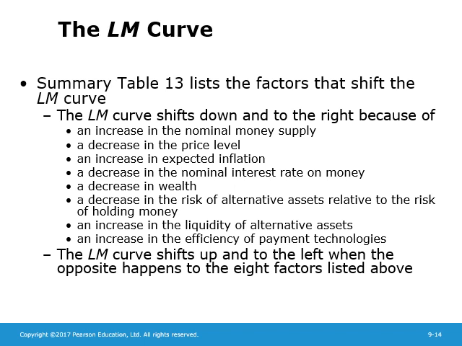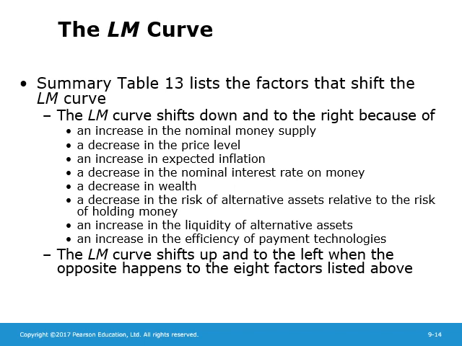Here, this is an increase in expected inflation. All of these factors will lead to what? A decrease in the real money demand. So any of these will decrease the real money demand. The LM curve again shifts up and to the left, the opposite, if what happens is the opposite of what we are saying.